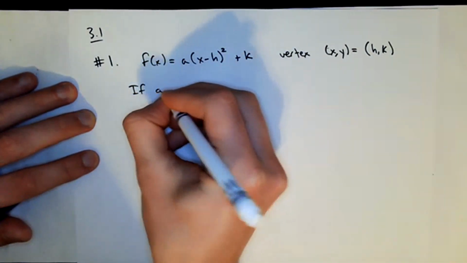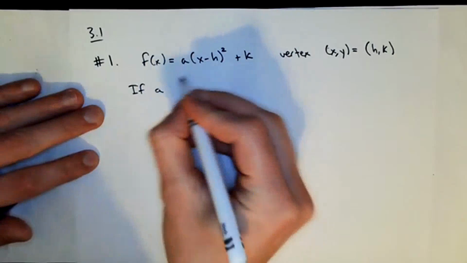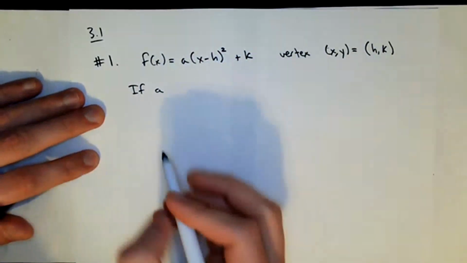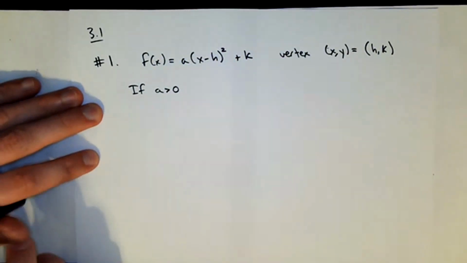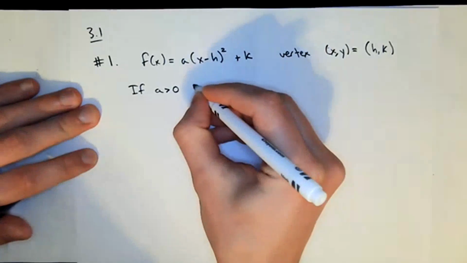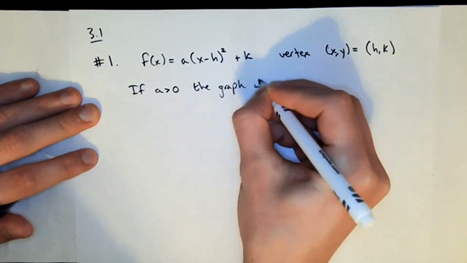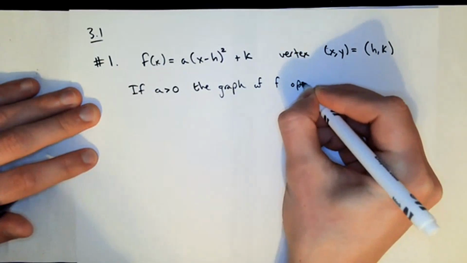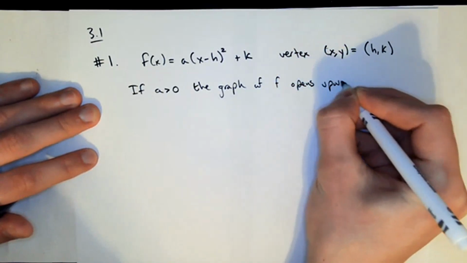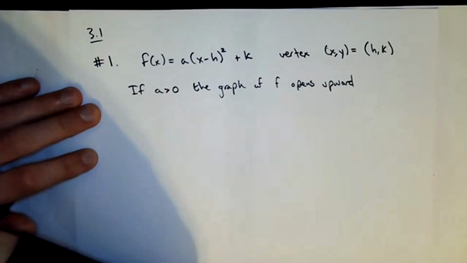If a now, so now looking at a, so we've identified what h and k tell us. If a is greater than 0, then the graph of f opens upward.